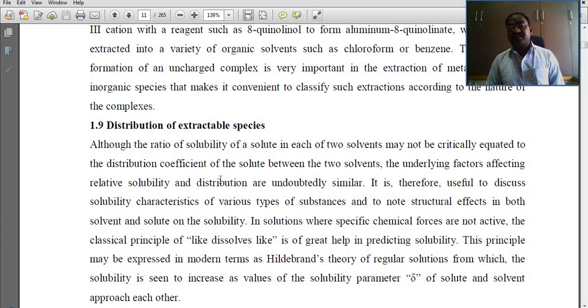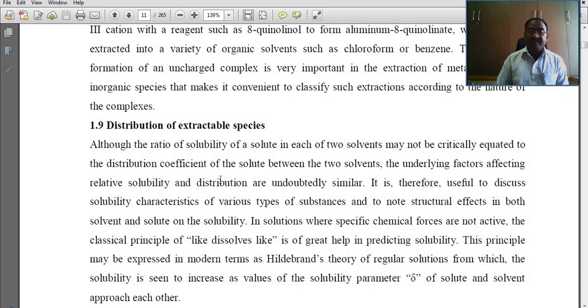Therefore, it is useful to discuss solubility characteristics of various types of substance and to note structural effects in both solvent and solute on the solubility. In solutions where specific chemical forces are not effective, the classical principle of like dissolves like is of great help in predicting solubility.